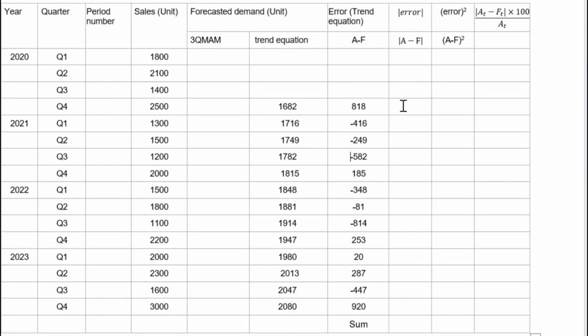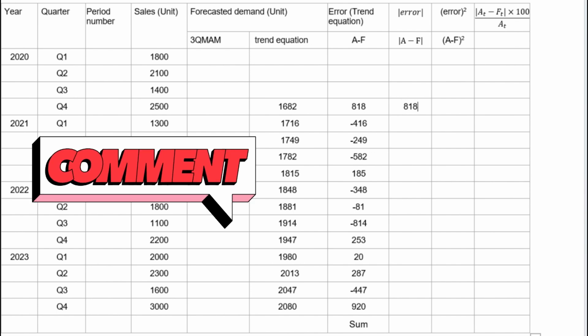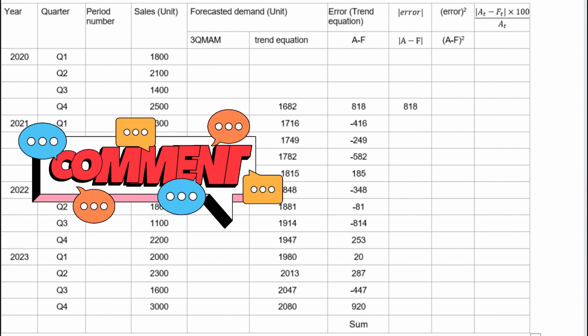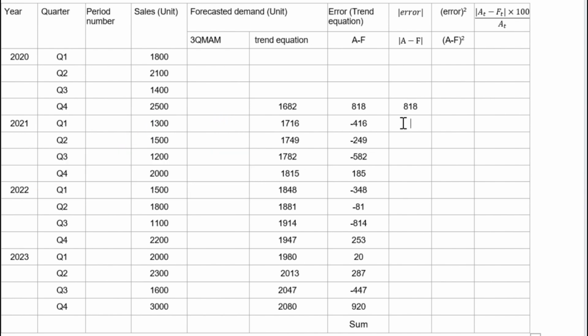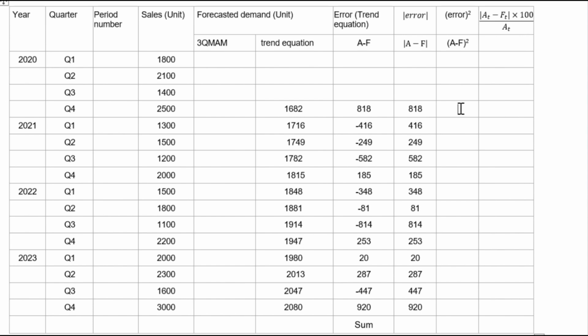Next, calculate the absolute value of the error we just calculated. The absolute value of 818 is the same 818. Absolute value of negative 416 equals 416. Absolute value of negative 249 equals 249, and so on. Next is to calculate the square of the error.